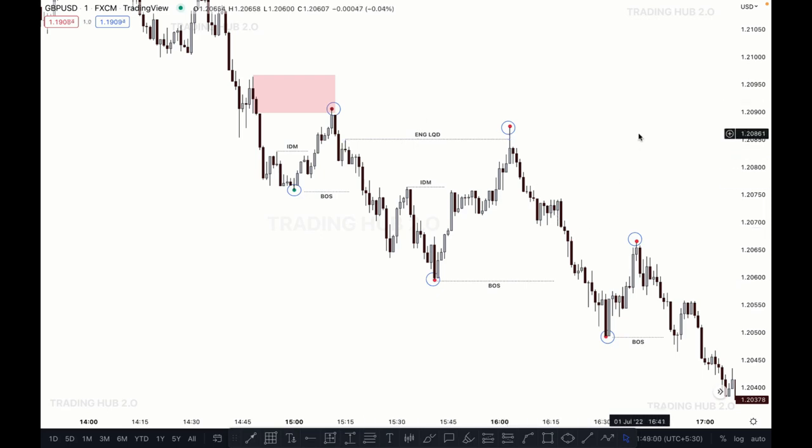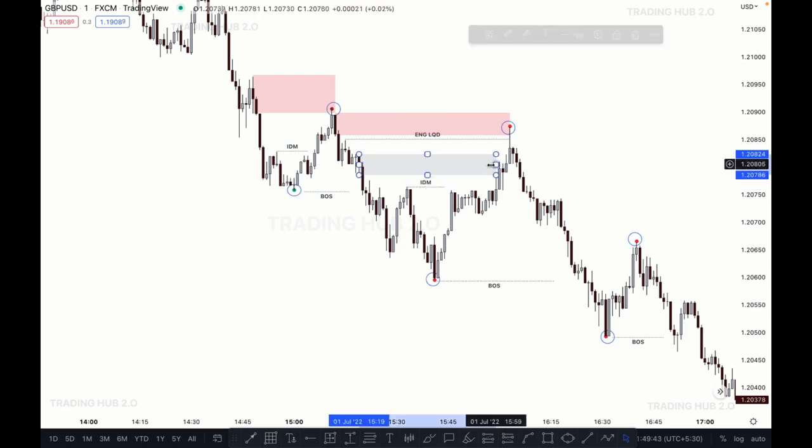So remember one thing: inducement is a 50-50% probability setup, and engineering liquidity is a high probability setup, because once the market breaks this high which is actually here, that means momentum has shifted from bearish to bullish, right? And if you take a trade based on the inducement, this is a 50-50% chance of the probability going in your direction and maybe against you.